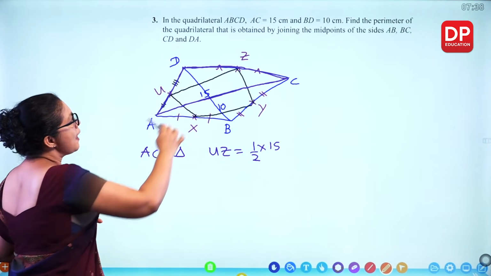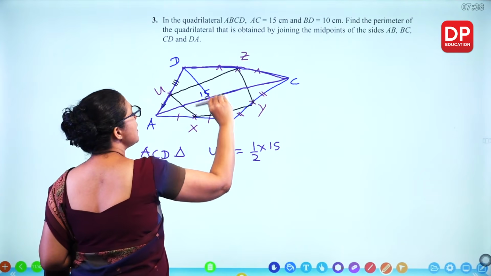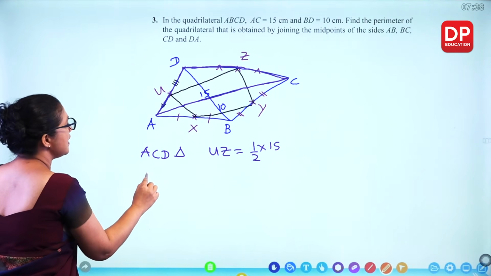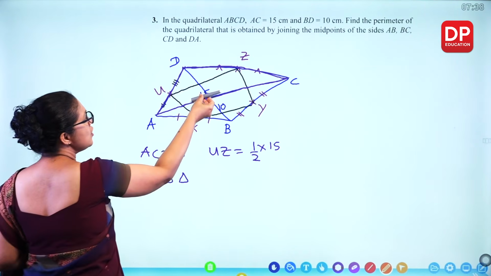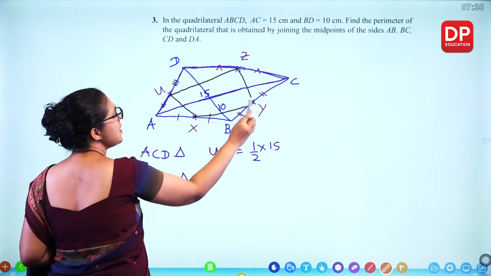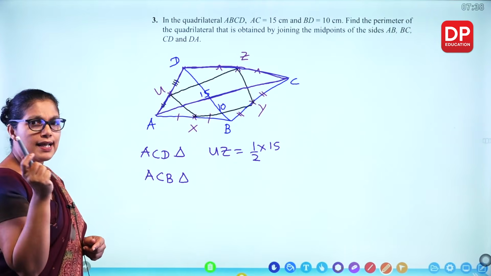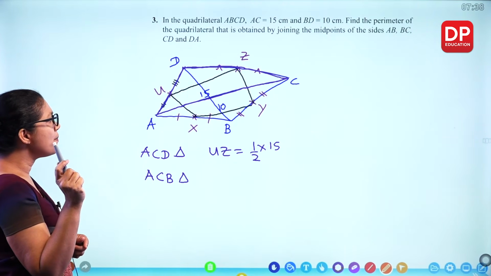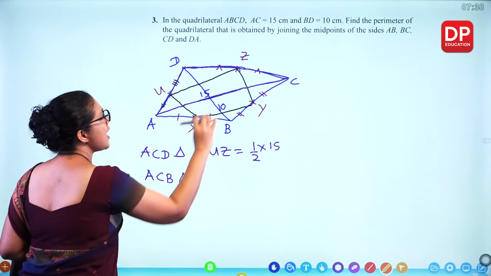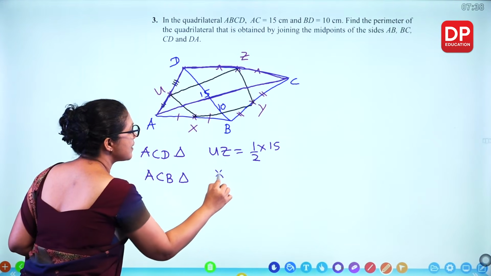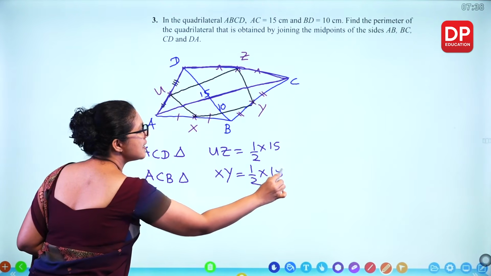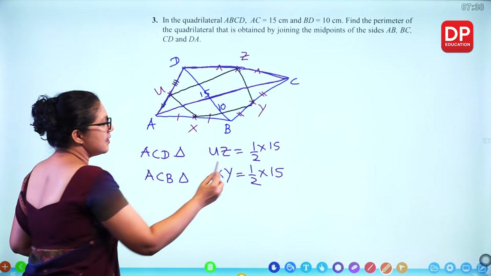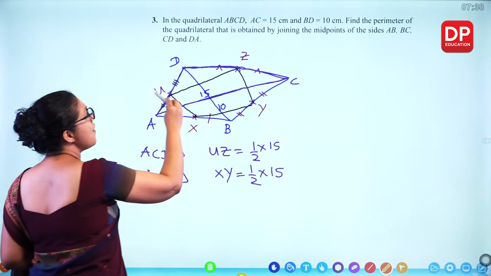Then we can apply the same thing to the other triangle, ACB triangle. So when you take this way, this is the midpoint. XY is also the line segment joining the two midpoints. So what can you say about XY length? That's half of 15. And what about the other triangles?